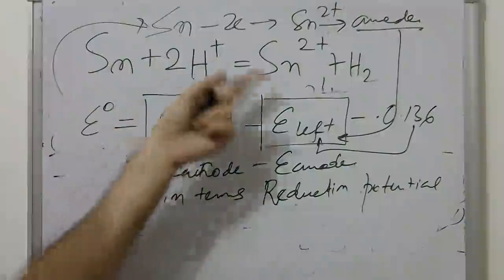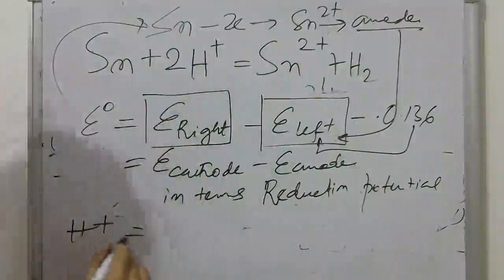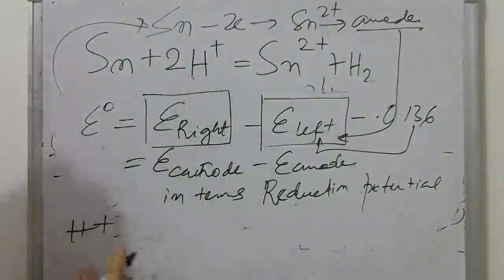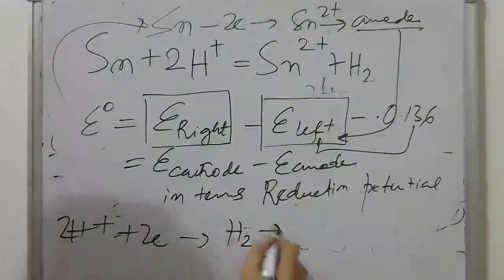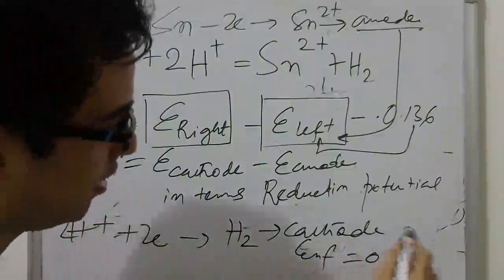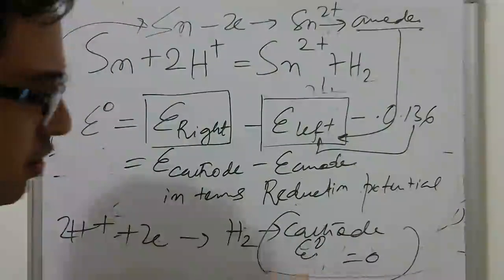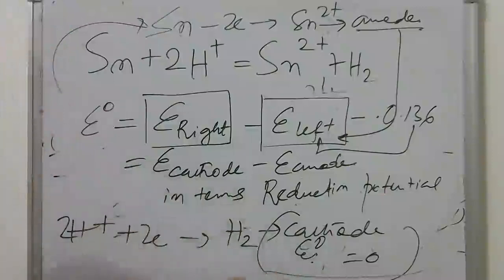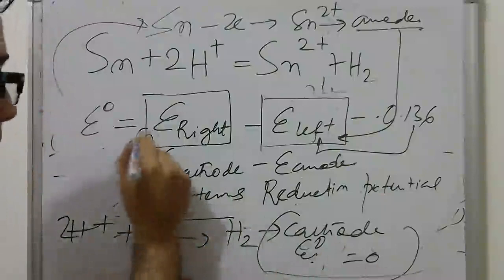What is the right hand side? That is the hydrogen taking up 2 electrons, 2H plus, to produce H2. This is the cathode. What is the EMF? 0. This is the reference. For hydrogen we know E0 is 0, the reference based on which everything is measured.